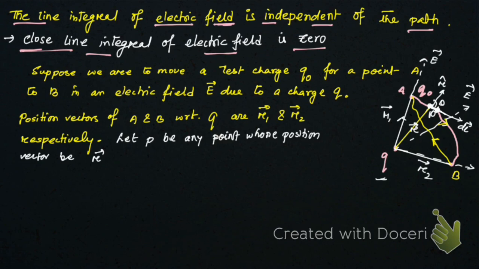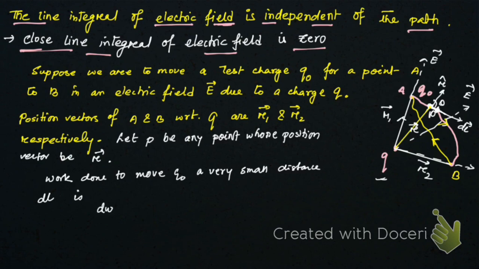Now the work done to move q naught a very small distance dl is dW equal to F dot dl, where F is the force acting on this charge q naught, and dl is a vector.